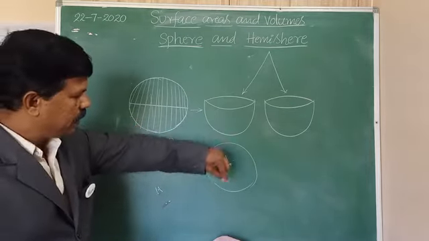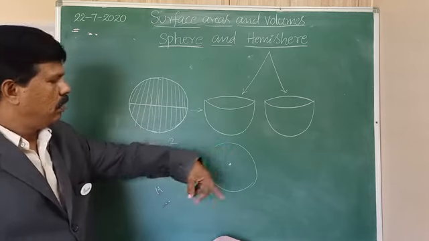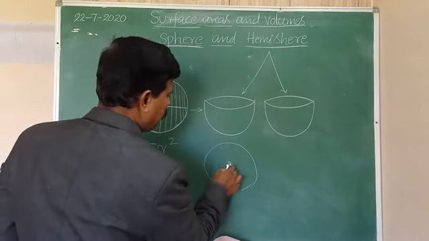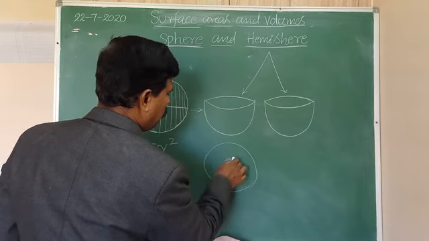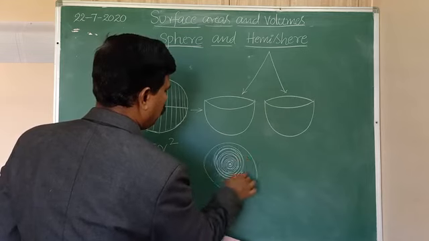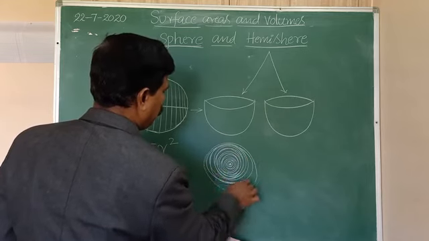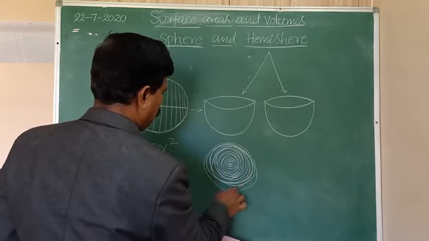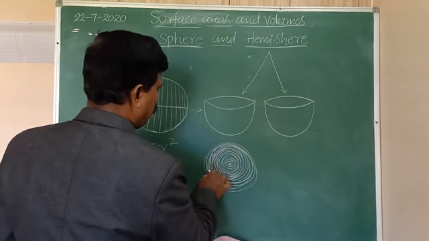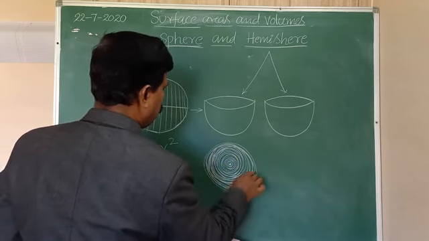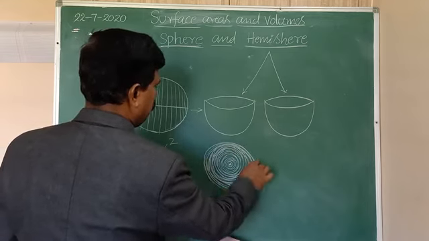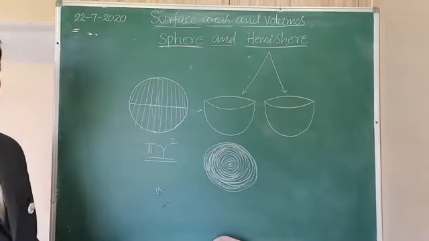Now, what you can do is at the center put one pin, then take a thread, and go on winding that thread along this. Like this. Without giving gap, you just wind the thread.